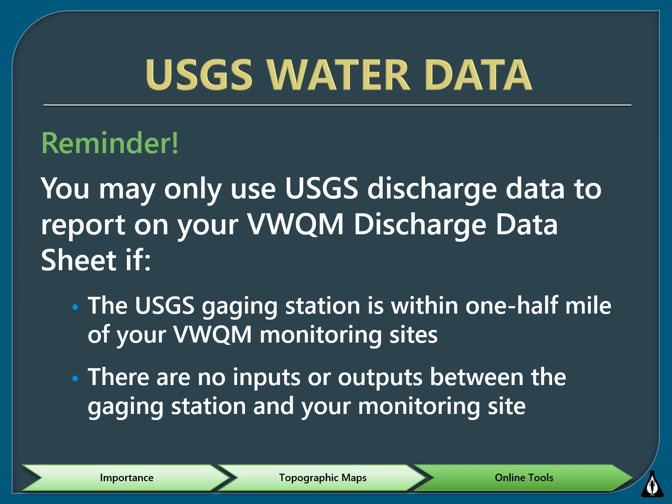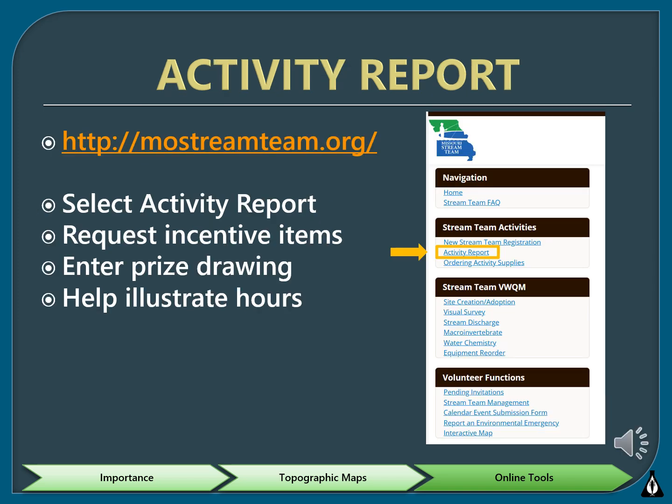So whenever you record your discharge data, you're either using our VWQM protocols or using a USGS gauging station that's within a half mile of your monitoring site, and there are no inputs and outputs between the gauging station and where you're monitoring.